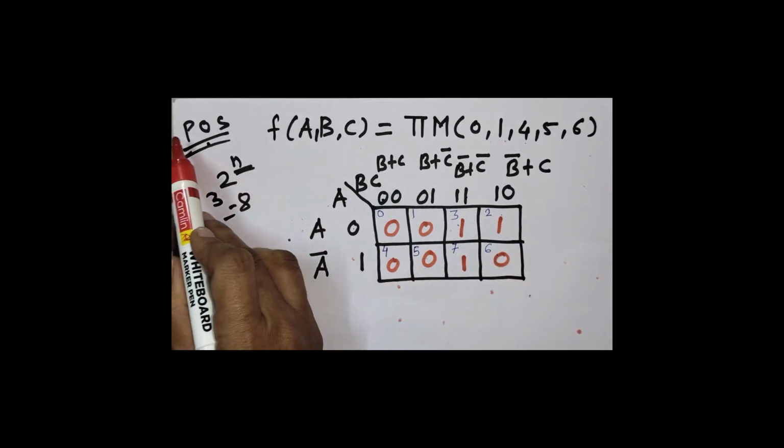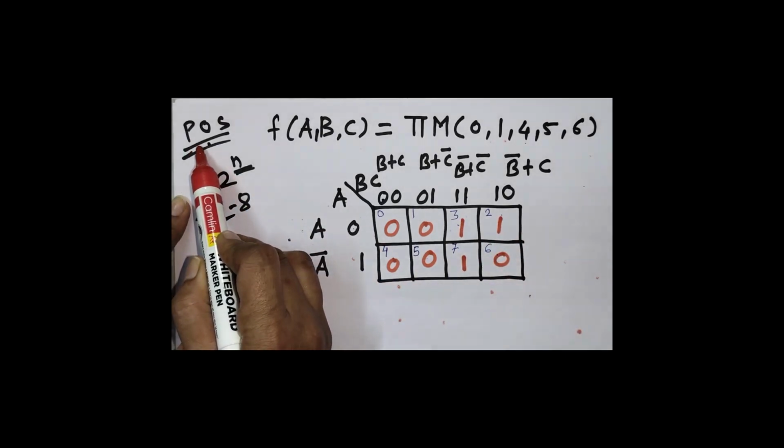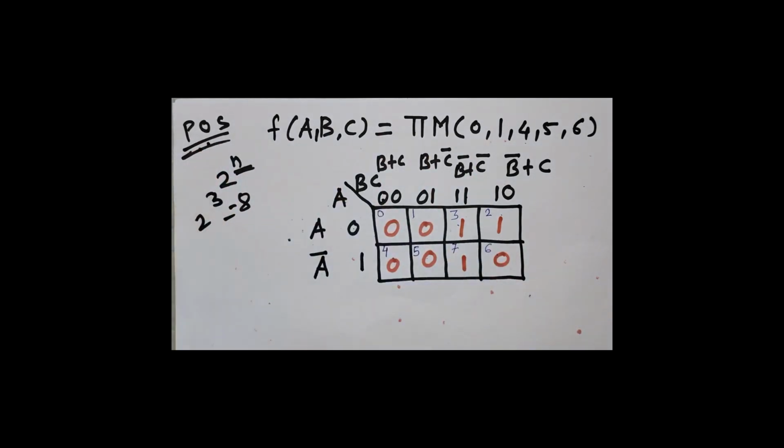Here I want my equation in POS form, so I'll make groups of zeros. So here I can either make group of 2 zeros or 4 zeros or all 8 zeros, and for grouping we must group adjacent or overlapping zeros.